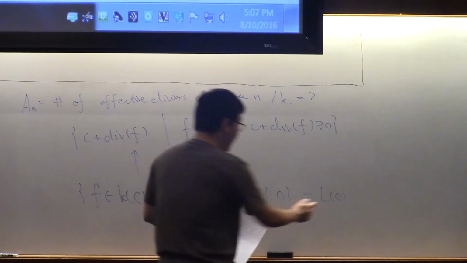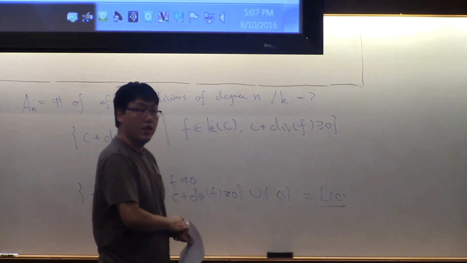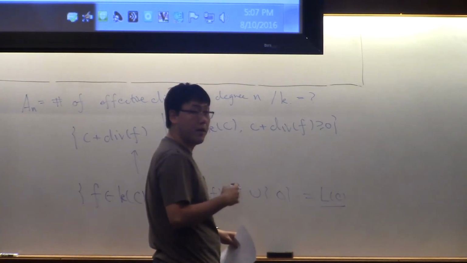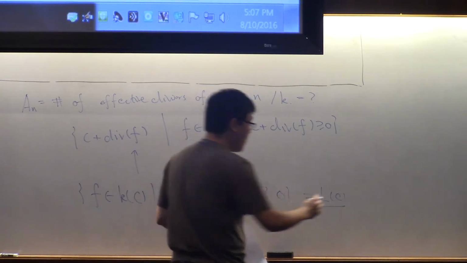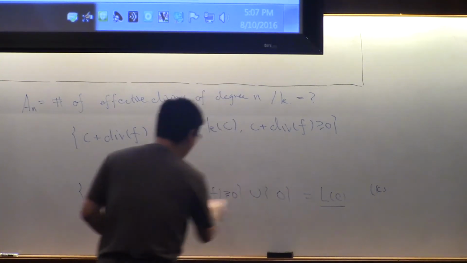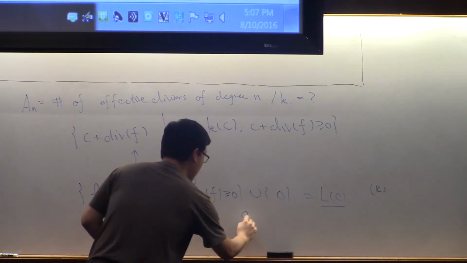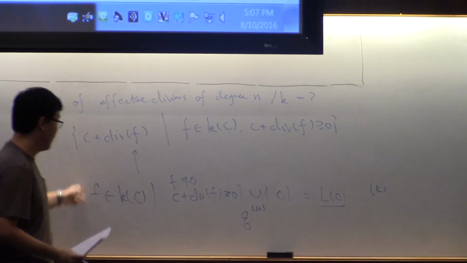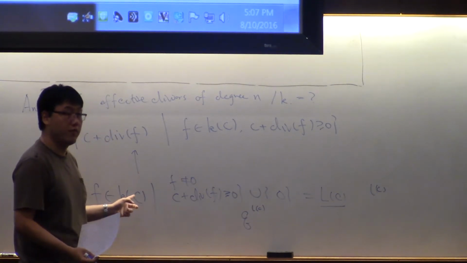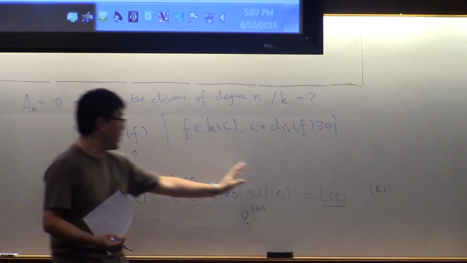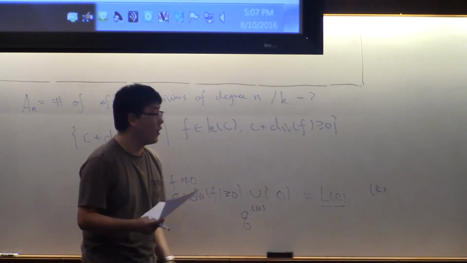But we know that this set is a finite dimensional vector space over k of dimension l(C). Okay? So in total, we have q to the l(C) elements in this set of functions. But when we want to apply this div operation, we need to remove zero.